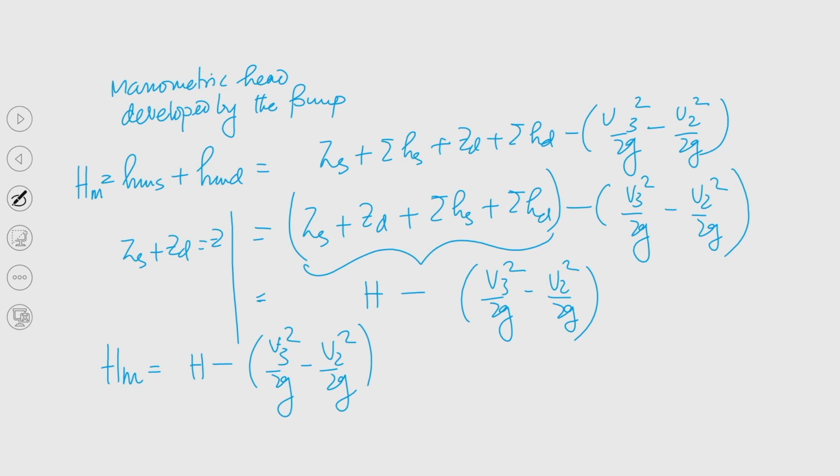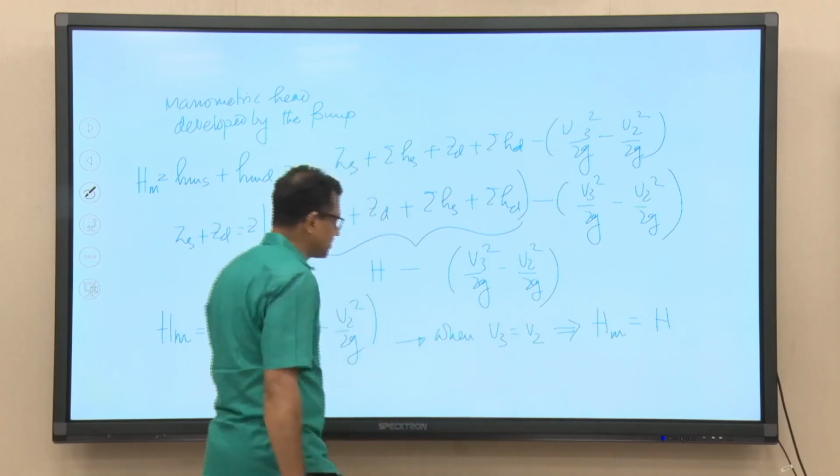If we design the suction pipeline and delivery pipeline in such a way that the diameter or velocity of the suction pipe and delivery pipe is equal, when V3 equals V2, then Hm equals H, right. So, now you try to understand. It is very important that when velocity at the delivery line and suction line is equal, then Hm is equal to H.